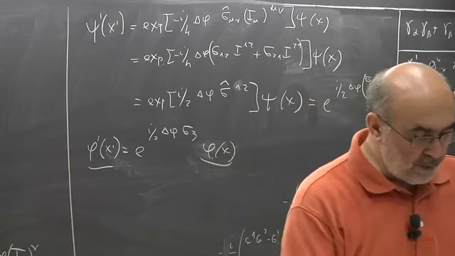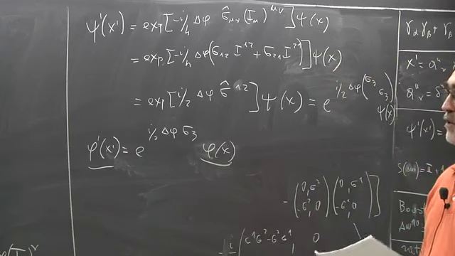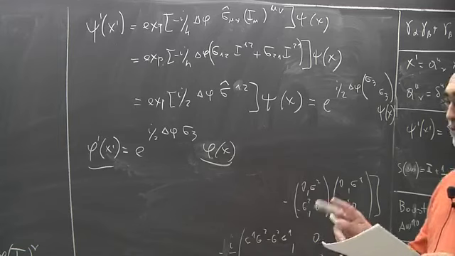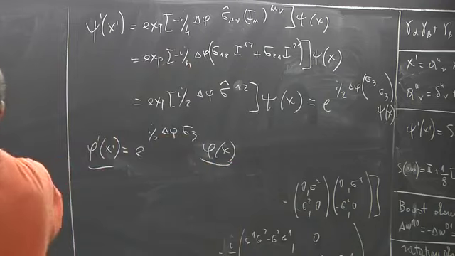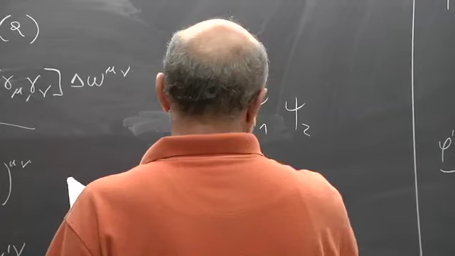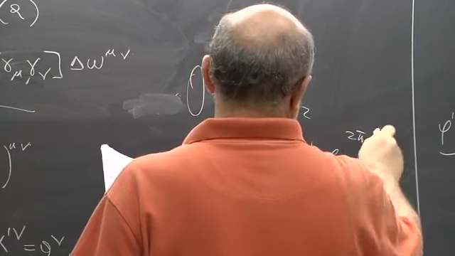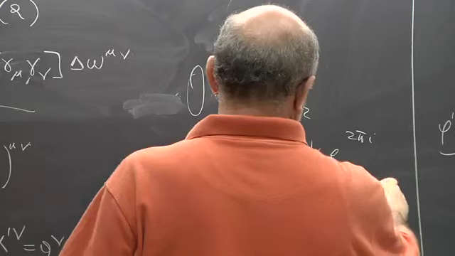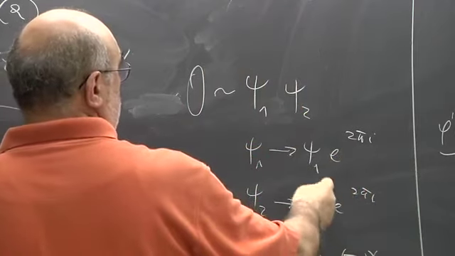And if you want to have observables, observables are only functions of a couple of spinors. That means an observable always depends on a product of two spinors, because if you do a 2 pi rotation, you get a minus on this and a minus on this.